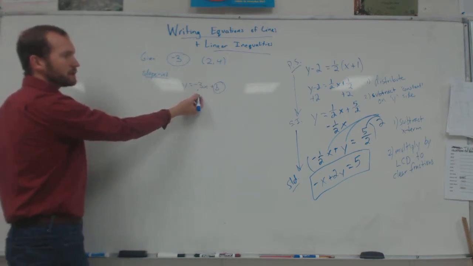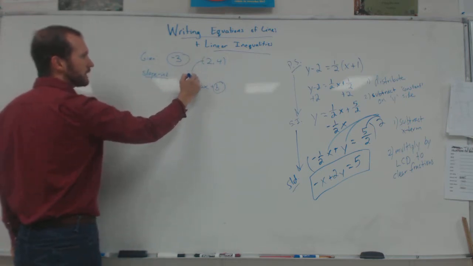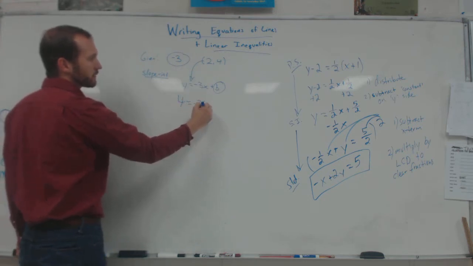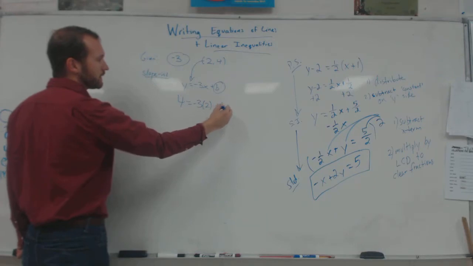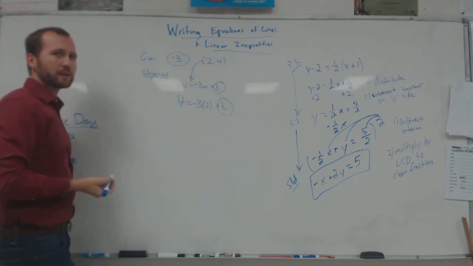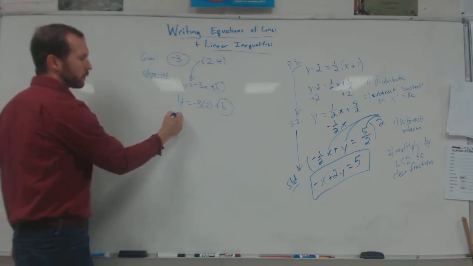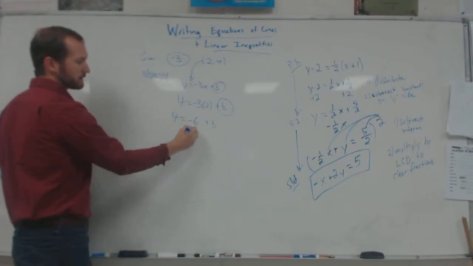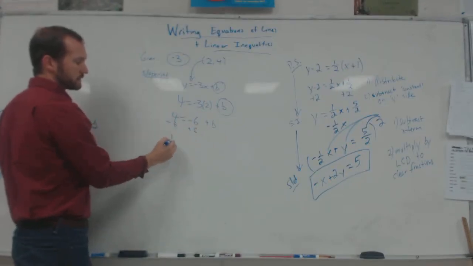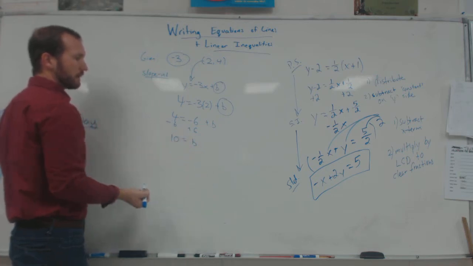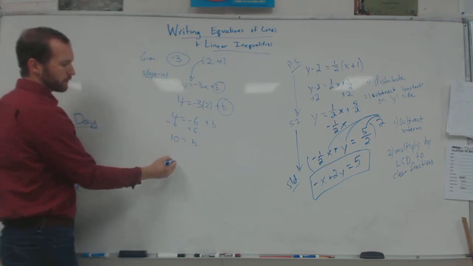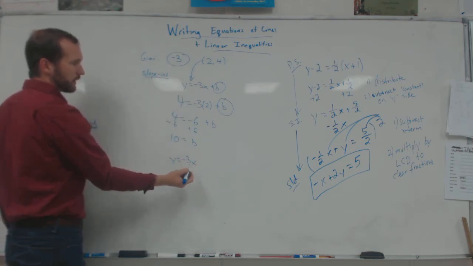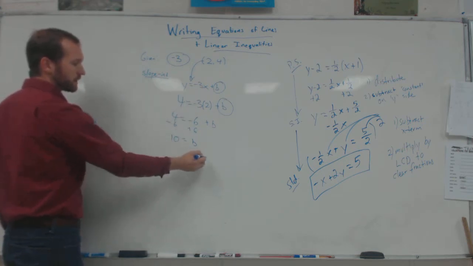So what we can do is plug this point in here, right? 4 equals -3 times 2 plus b, and then we're going to solve for b. So 4 equals -6 plus b, add 6 to both sides, 10 equals b, and then we just rewrite our equation. y equals -3x plus 10, now that we know b is 10.